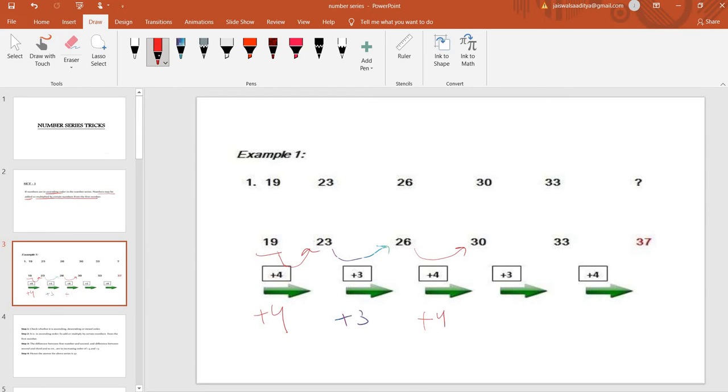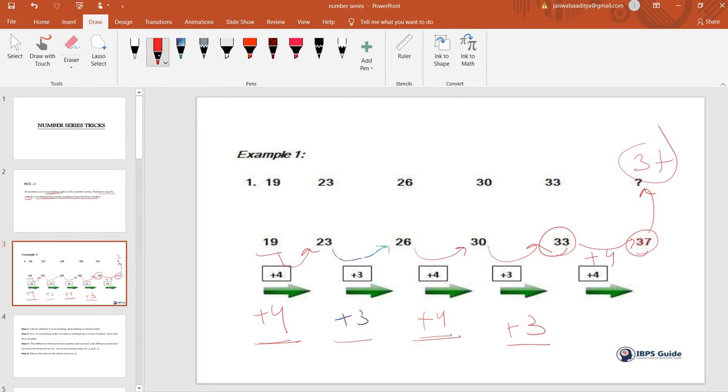Plus 4. So it's forming a pattern: plus 4, then plus 3, then plus 4, then plus 3, then plus 4. So at the end of this question, after 33, you have to add plus 4, so it will become 37.